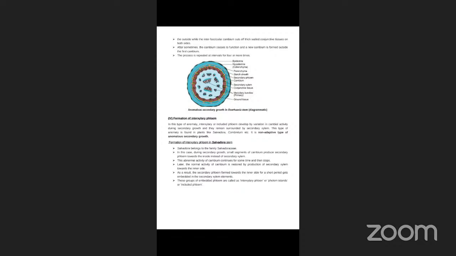All these show anomalous secondary growth. A cross section through the stem of Dracaena reveals different characters. The primary structure is epidermis, cortex, vascular bundles and ground tissue.